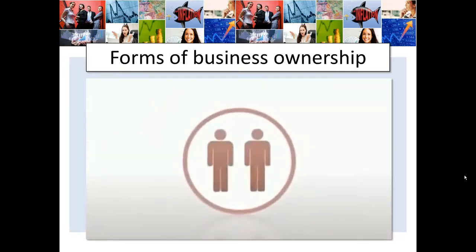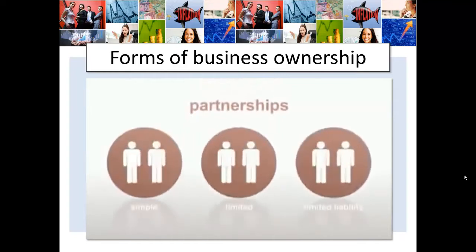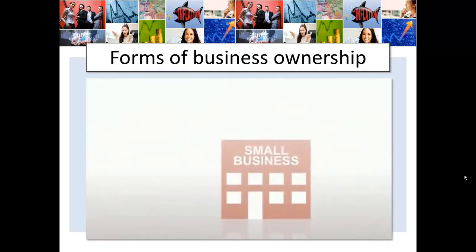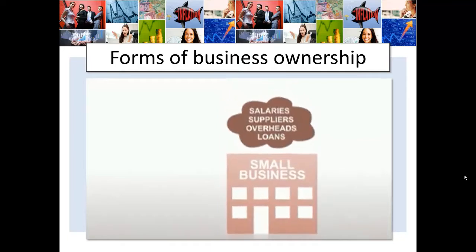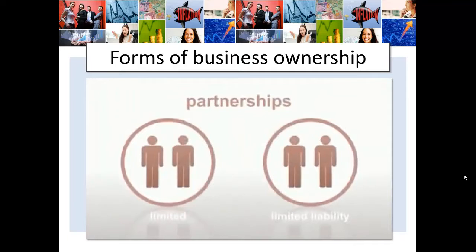So what about a partnership? There are three types. There's a simple partnership, where the partners run the business and share profits equally. However, all partners are liable for any business debts. There are two other types of partnership, the limited partnership and the limited liability partnership.